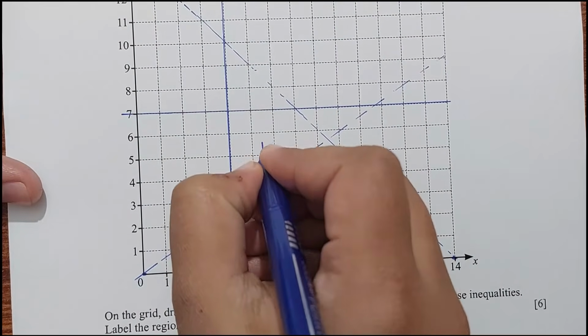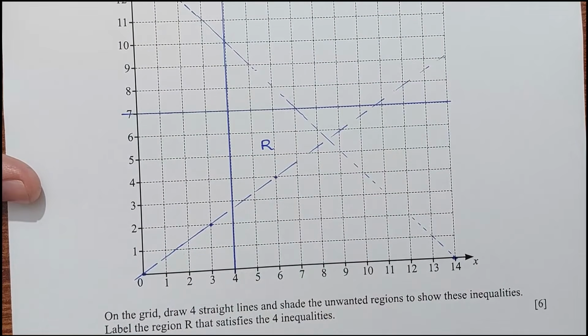So this is the region R that satisfies all 4 inequalities, and we have to shade the unwanted region, right?